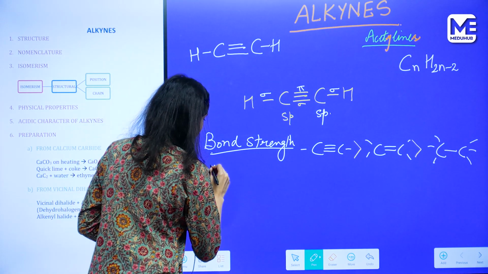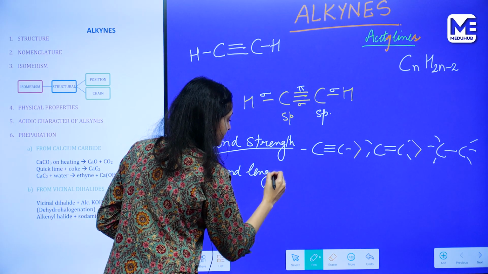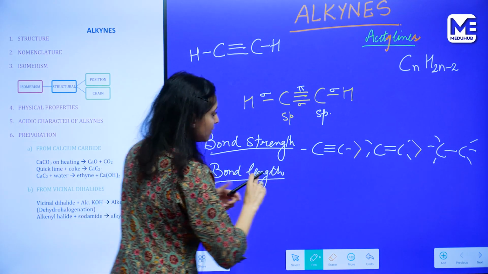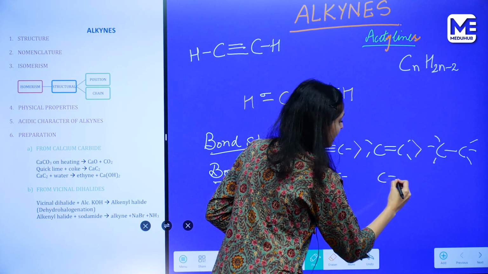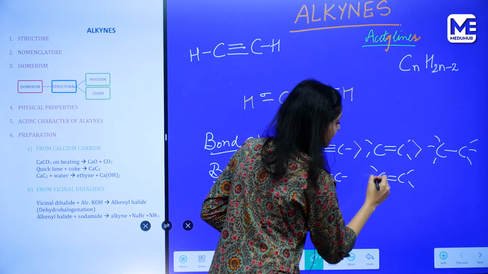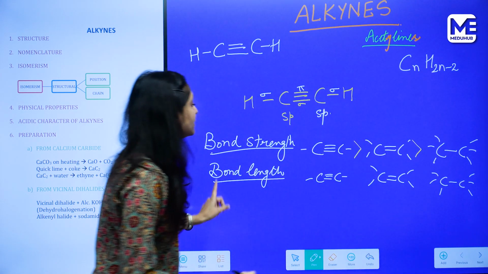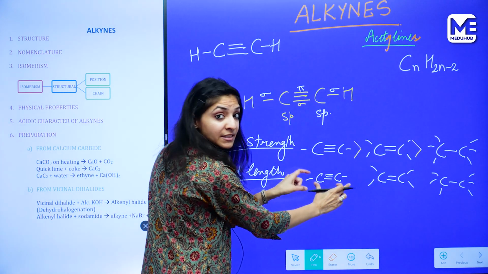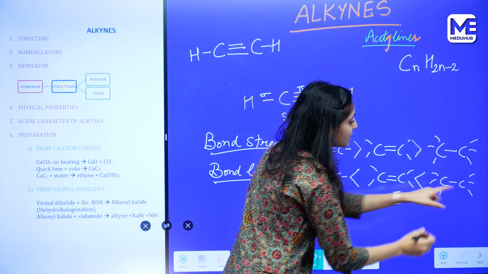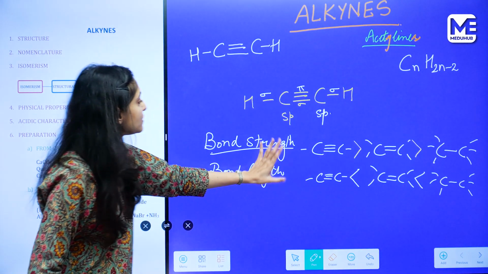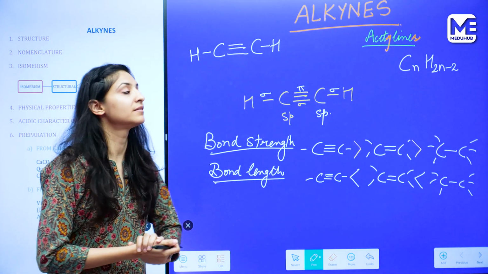And if we talk about the bond length, again comparing these three, alkynes, alkenes and alkanes, the bond length would be the shortest in alkynes and the most in alkanes. So this is the order for bond strength, and the reverse order is followed for the bond length.